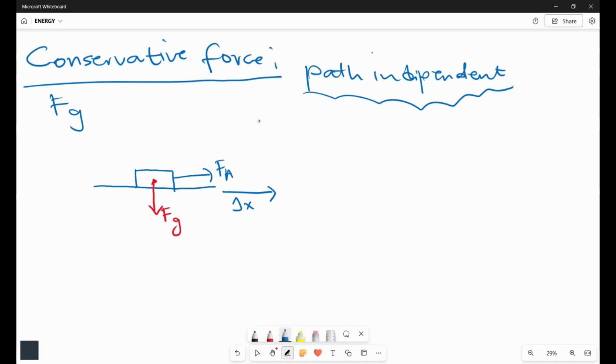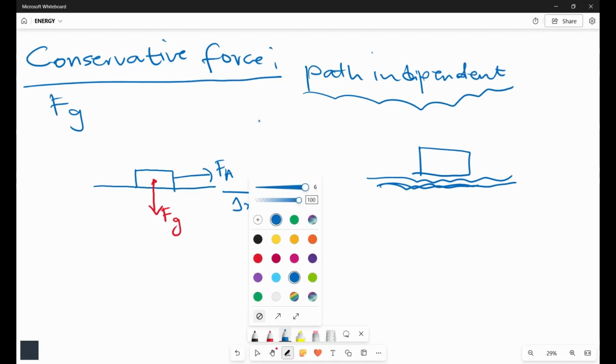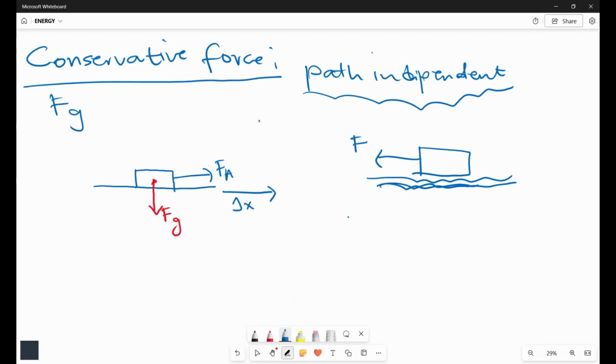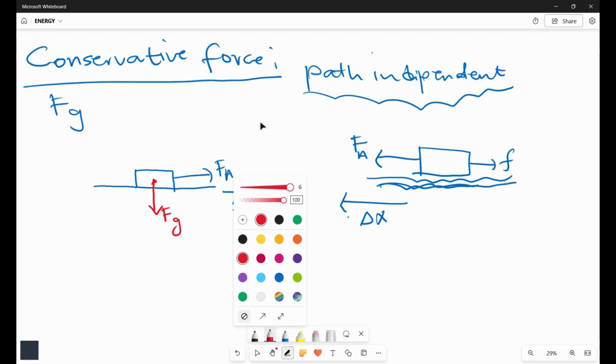Let's have another scenario where we have our block on a rough surface. On a rough surface, meaning there is friction. And let's say it is displaced like this. This is our change in x. Then it means our frictional force is going to be moving in that direction. Where is our Fg acting?